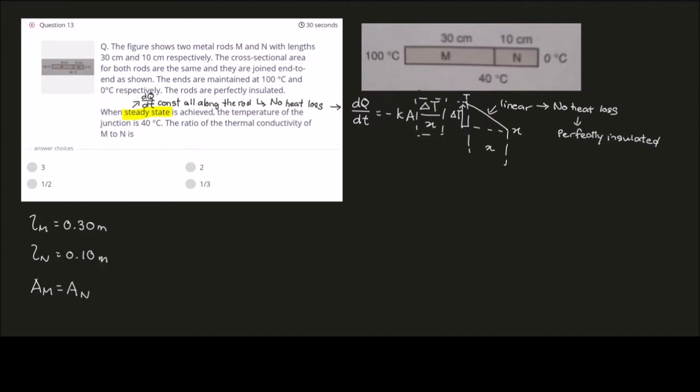So the ratio of the thermal conductivity of M to N is asked. That means you have to find the ratio of Km to Kn, which usually in physics we just write as Km over Kn equals what?